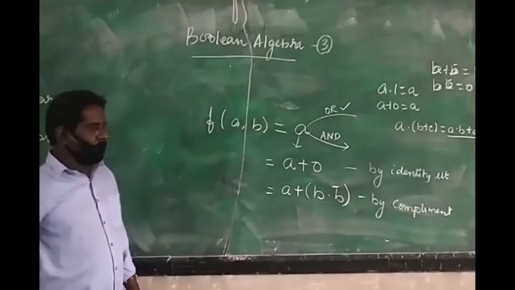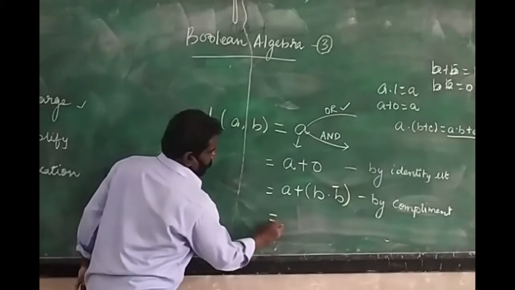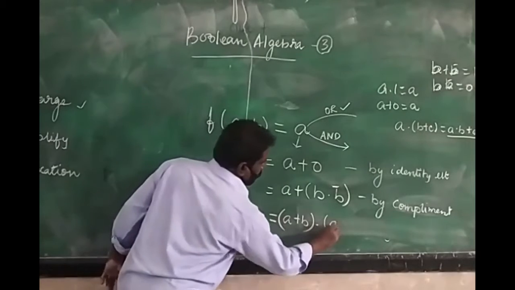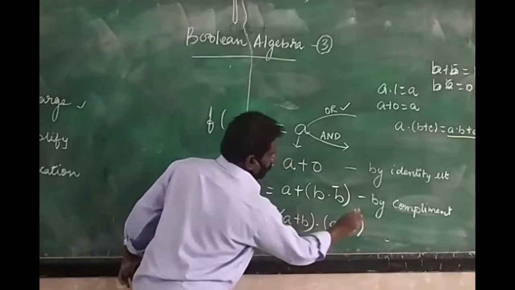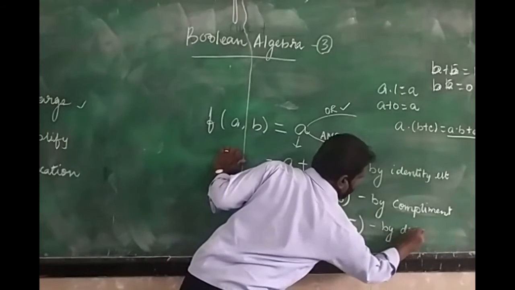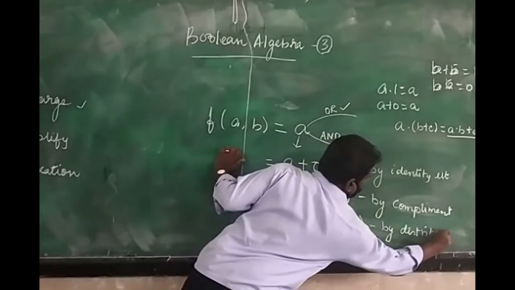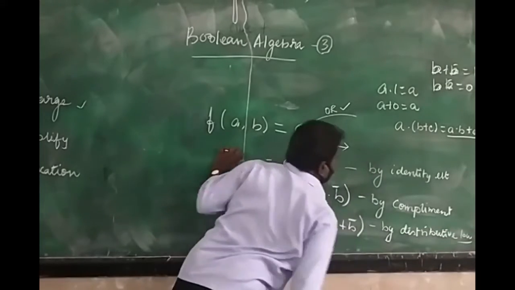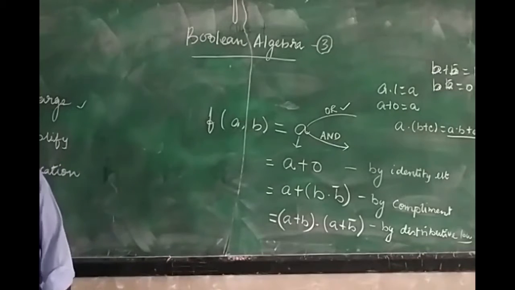Like this way, I can take A plus B dot A plus B bar, by the distributive law.